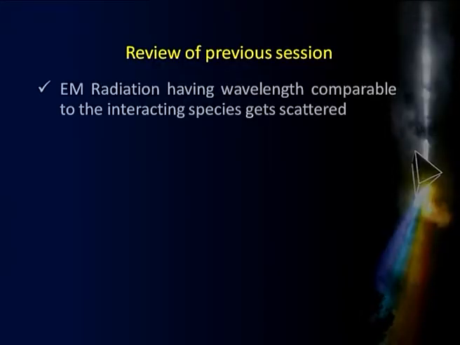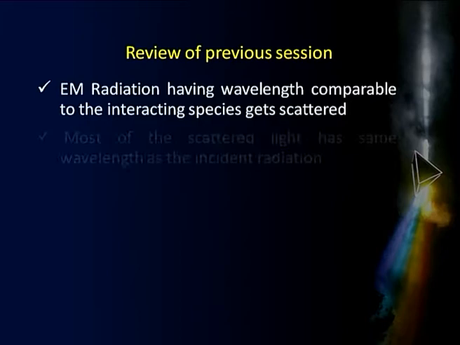Let us make a beginning by recalling what we did in the previous session. Basically, we started with the statement that EM radiation, that is electromagnetic radiation, having wavelengths comparable to the species with which it is interacting, gets scattered. That means, if the wavelength and the dimensions of the interacting species, the atoms or the molecules, happen to be comparable, then we expect scattering to come into the picture.